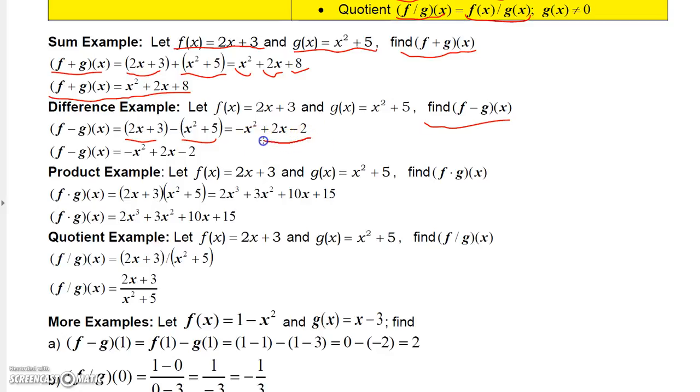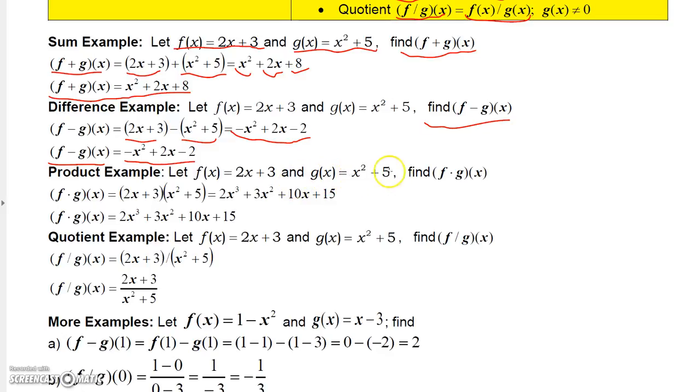So that would be the difference of those 2 functions. Okay, and actually I wrote it down here as a single function, but anyway, the f minus g function is just minus x squared plus 2x minus 2.